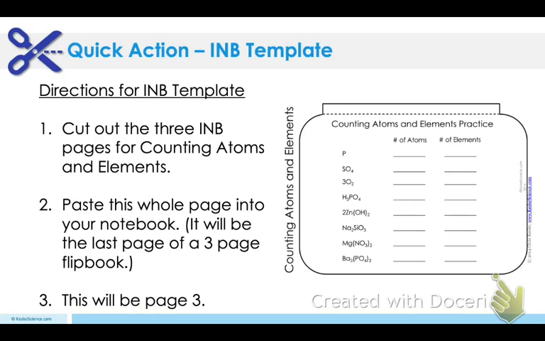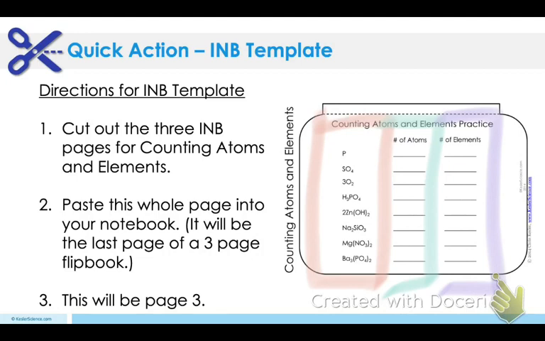Alright, there is no interactive notebook template that I printed out for you, so make sure that you write this down. I would write this down in 3 columns because I will be checking this when I am stamping it. One column has elements and compounds, another column has the number of atoms, and another column has the number of elements.